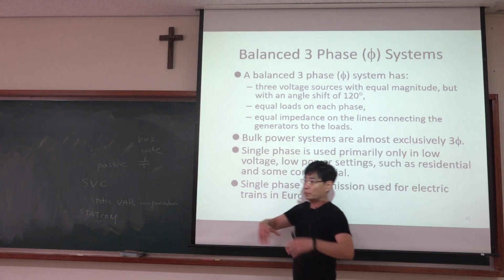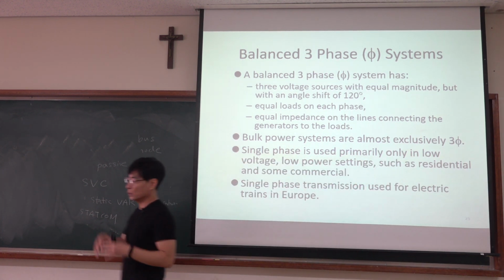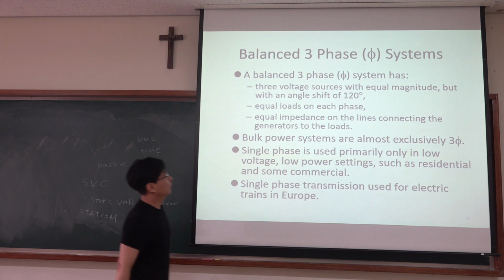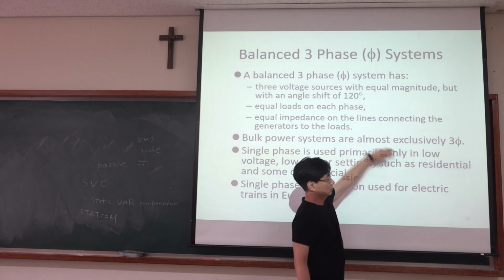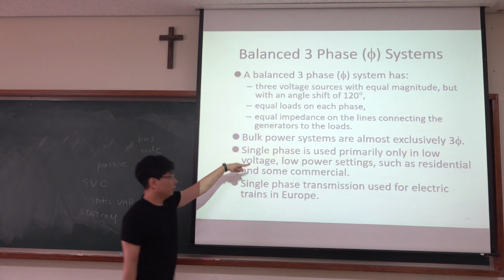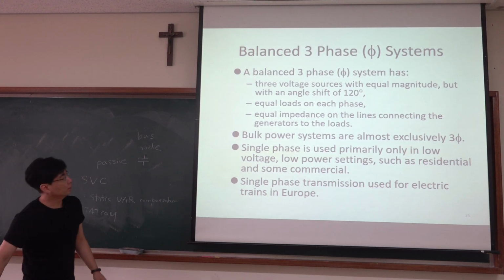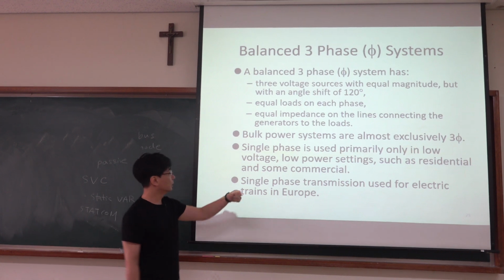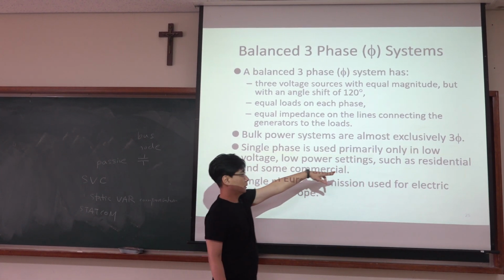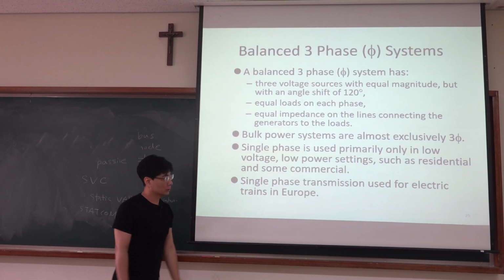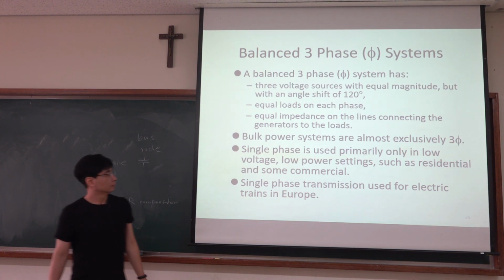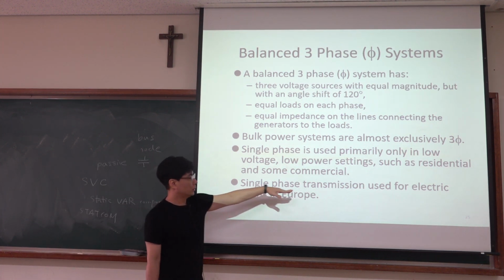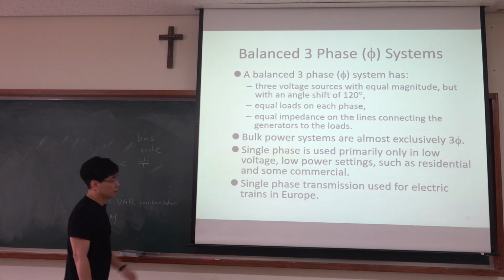Bulk means we have a lot of aggregation, okay? Transmission line, huge power system, almost. Single phase is used primarily only in low voltage. Low voltage means distribution network. And low power settings such as residential and some commercial case. But single phase transmission is still used for electric transmissions in Europe.